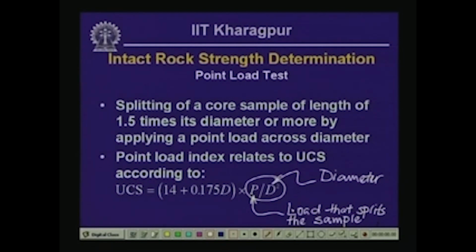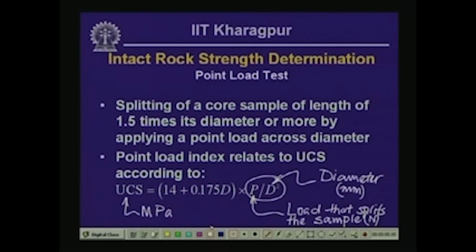Now, for using this particular equation, you have to use D in millimeter, and if you do that, and if you take P in Newton, then you are going to compute the UCS value in MPa, or in Newton per square millimeter.